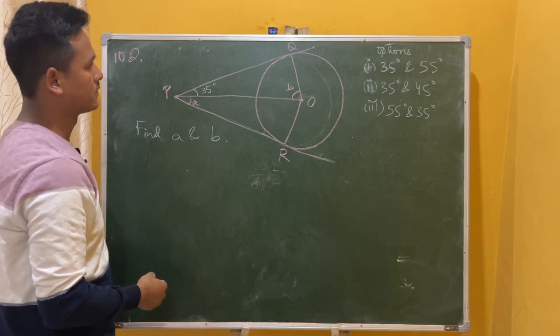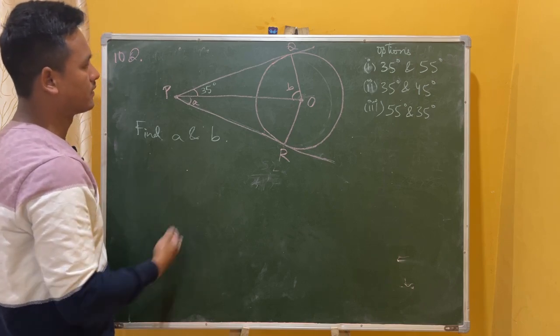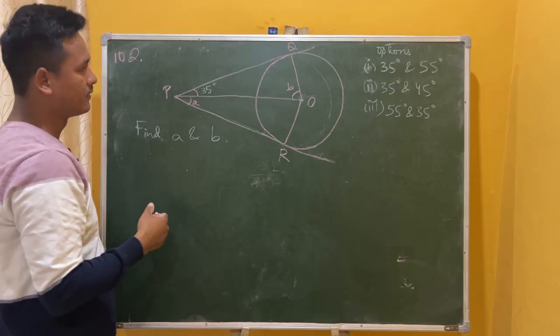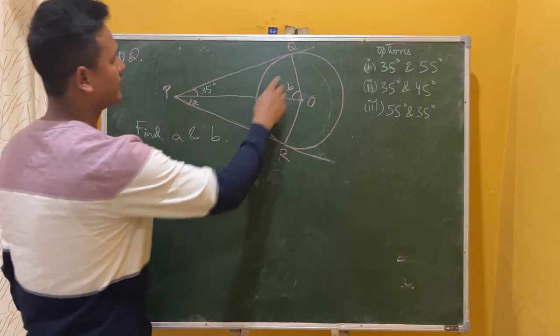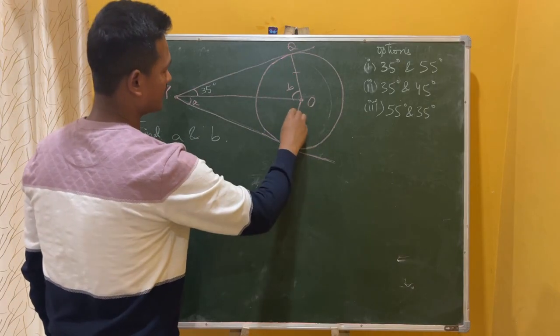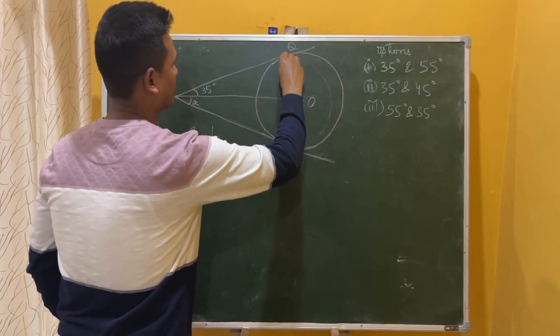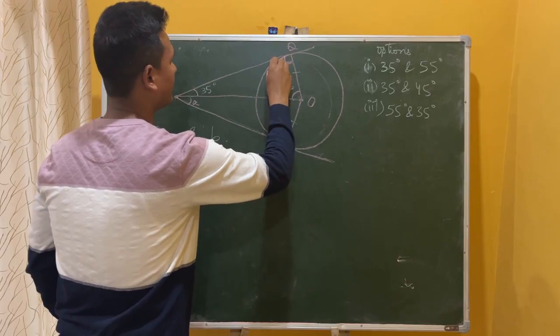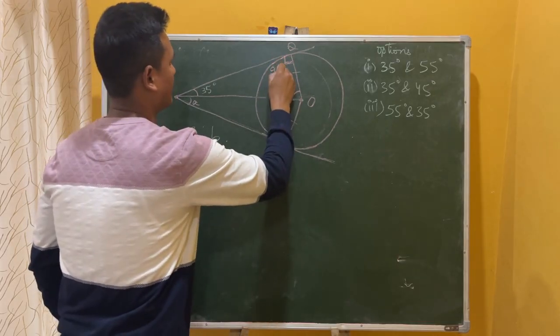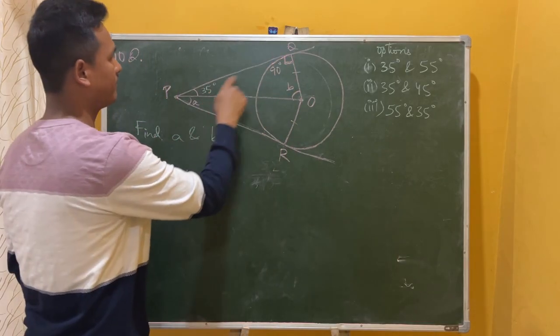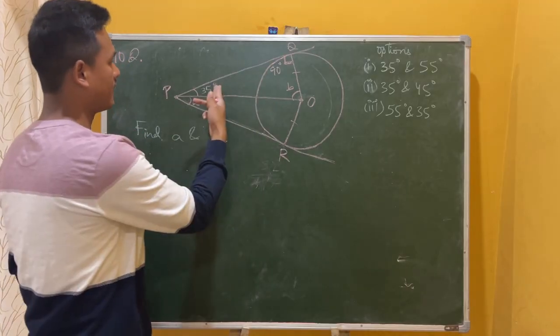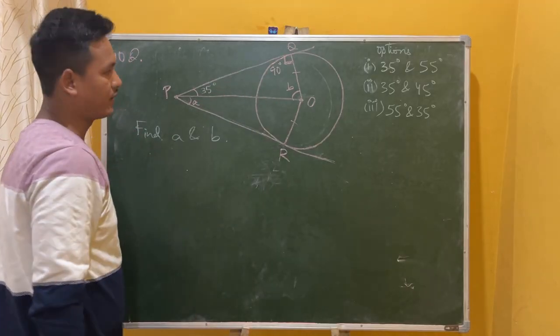Okay, so there is a theorem, a very simple one, that the tangent and the radius, this is a radius, right? Tangent and the radius make 90 degrees. So 35 plus 90 is how much? It's 125.